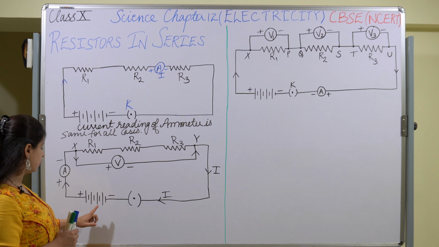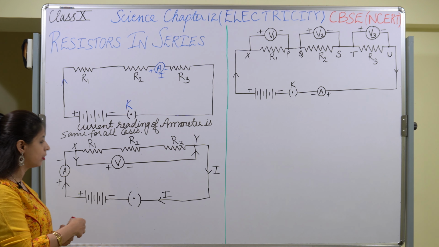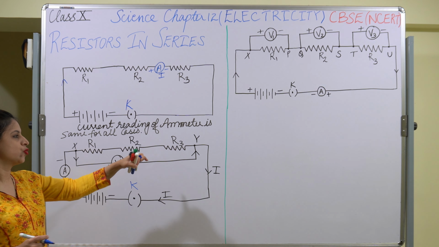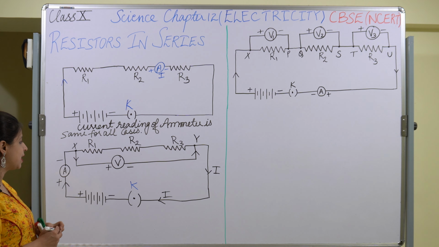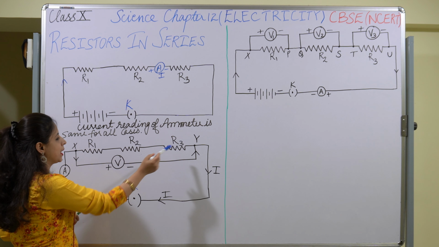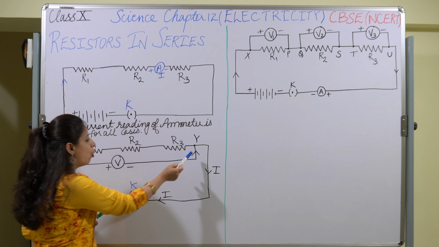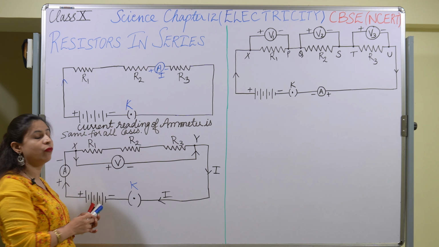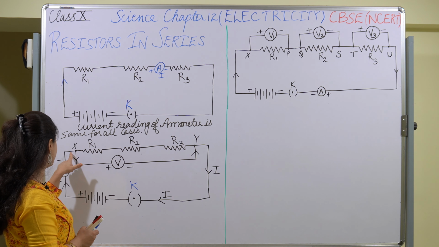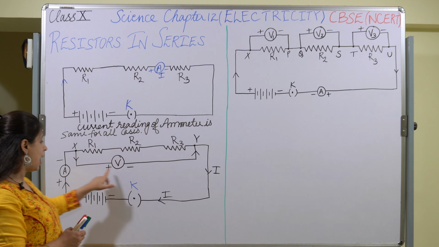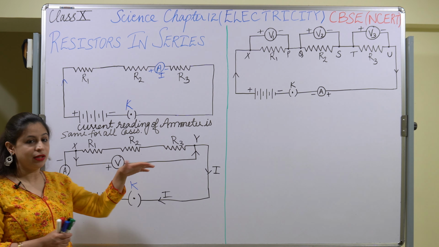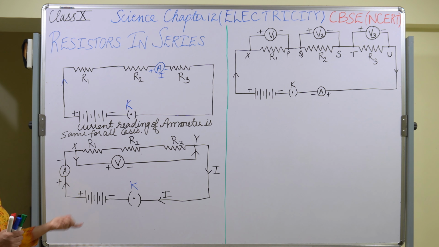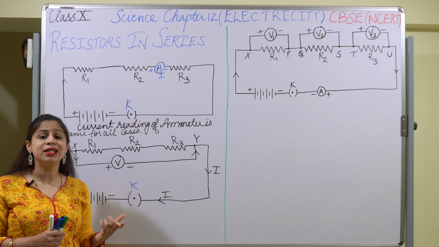Ammeter is there, battery is there, key is there, and three resistors R1, R2, R3, and two points X and Y are taken. A voltmeter is attached between the points X and Y, and the voltmeter reading is taken. That means we are getting the reading of the potential difference across the ends of the resistors.